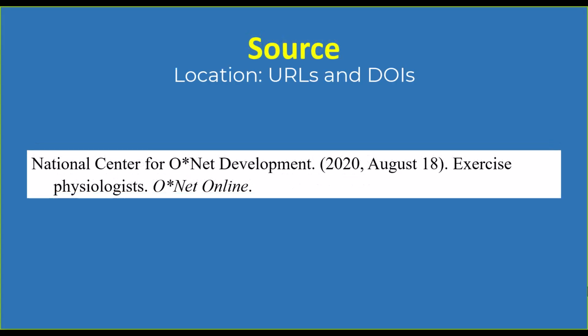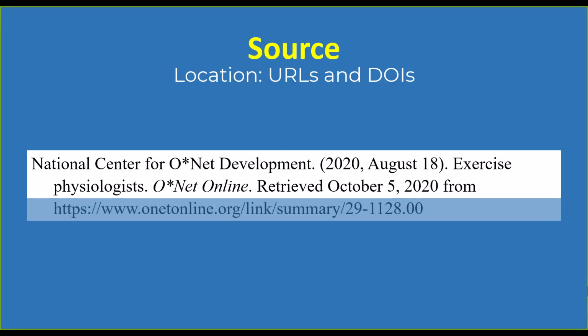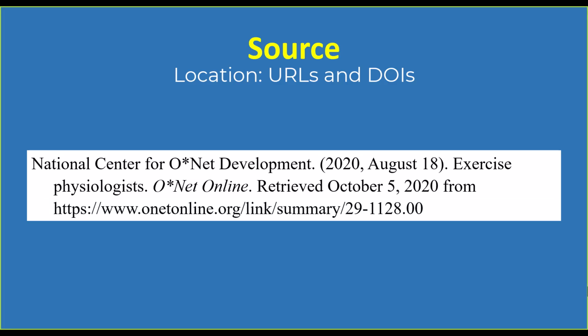If the source has a URL and is unarchived and likely or meant to change, provide a retrieval statement. Type retrieved, followed by the date and month, date, year format, and then from, followed by the URL. The DOI, or URL, is the final detail you need to include, if it's necessary for location of the source.